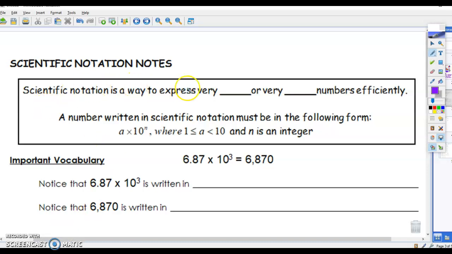So scientific notation is a way to express very large numbers, like how many stars are in our solar system, or very small numbers, like the weight of a grain of sand. So notice that this is written in scientific notation, and this one is written in standard form.